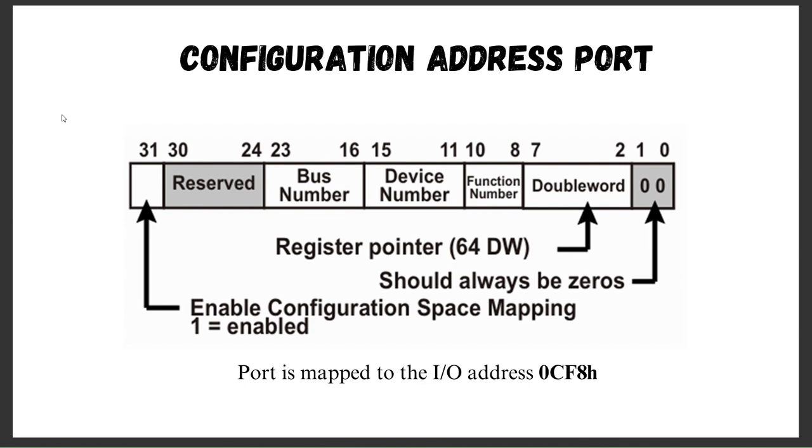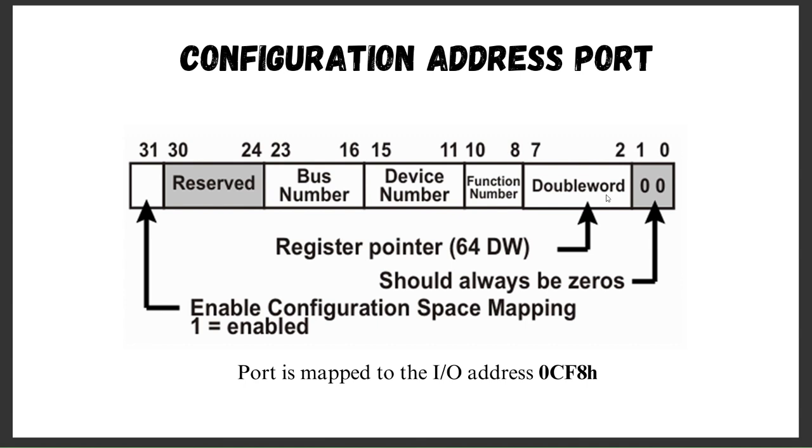Let us understand it by doing a breakdown of this 32-bit address. Bits 0 to 1 are hardwired and read only, so they always return 0 when we read them. Then we have bits 2 to 7, which are the register number.